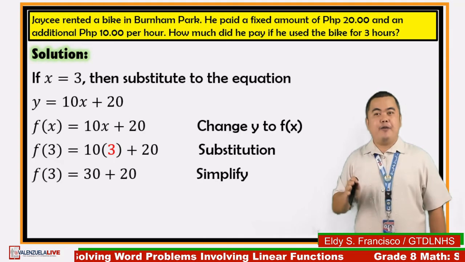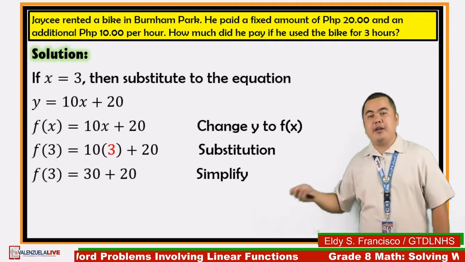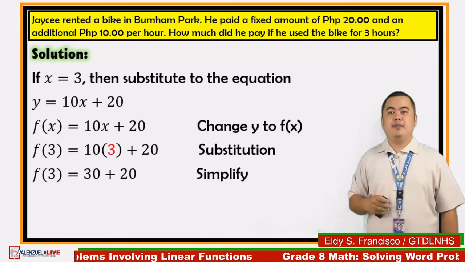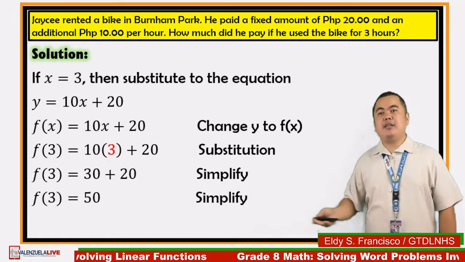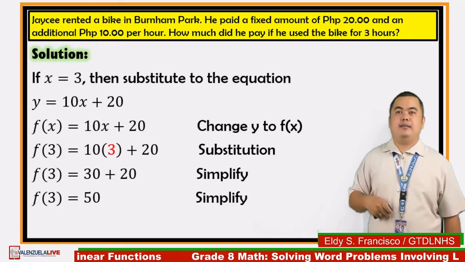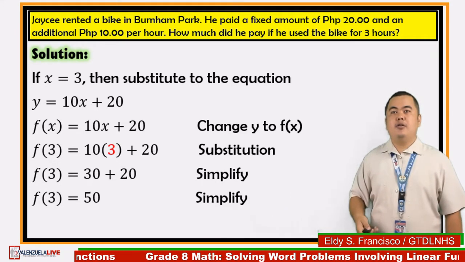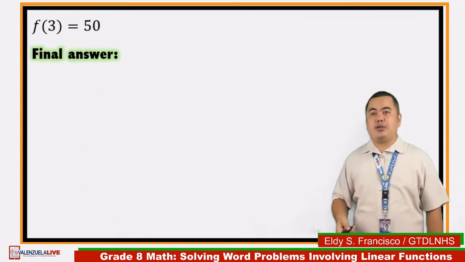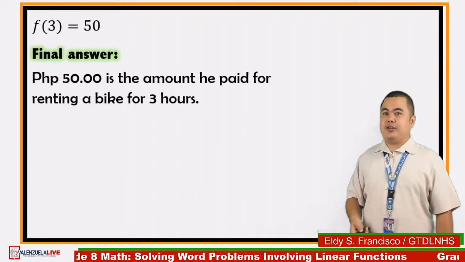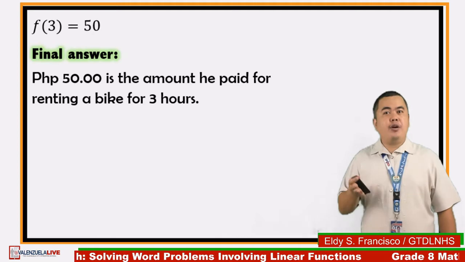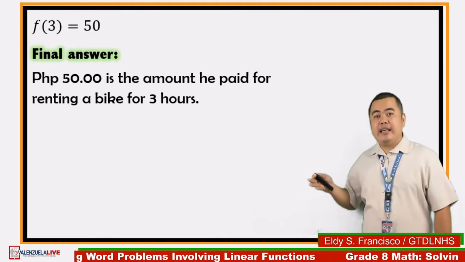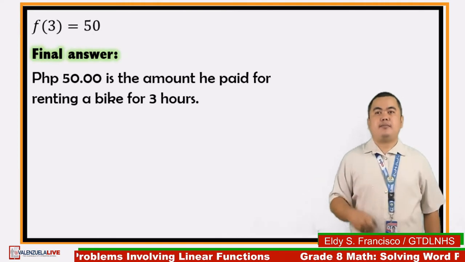Simplify, we will have f of 3 equals 30 plus 20. Then, f of 3 is equal to 50. So, for our final answer, 50 pesos is the amount he paid for renting a bike for 3 hours.